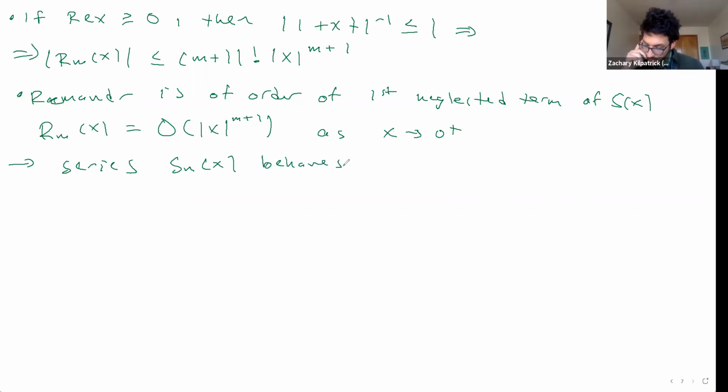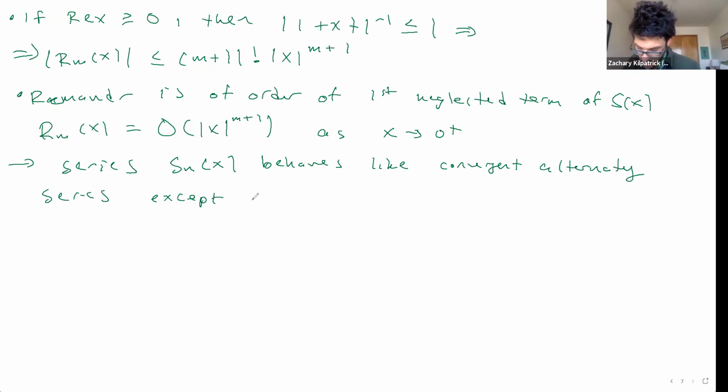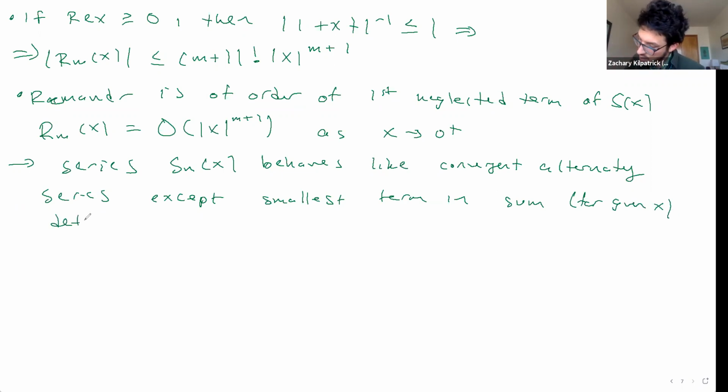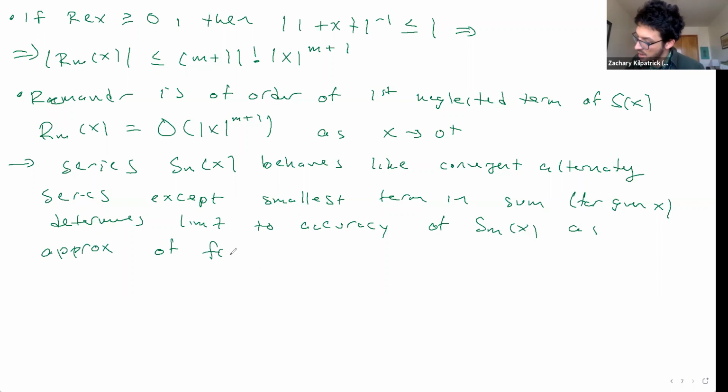The series S_m of x behaves like a convergent alternating series, except the smallest term in the sum, for a given x, determines some limit to the accuracy of S_m of x as an approximation of f of x, which is equal to the integral from 0 to infinity of e to the minus t divided by 1 plus xt dt.